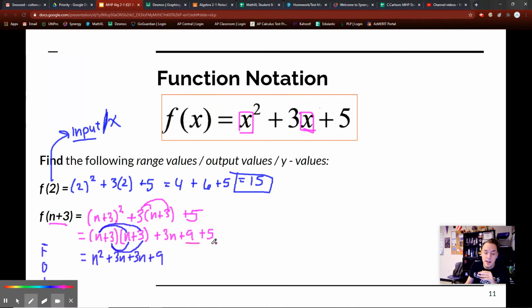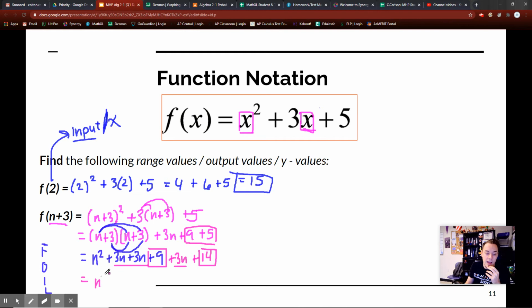I'm going to start combining some of this stuff. So this is plus 3n. I'm going to take that down the bottom. I can combine this junk right here. 9 plus 5, that's 14. Now, let's start simplifying. I can combine this, and then I can combine the 9 and then the 14.